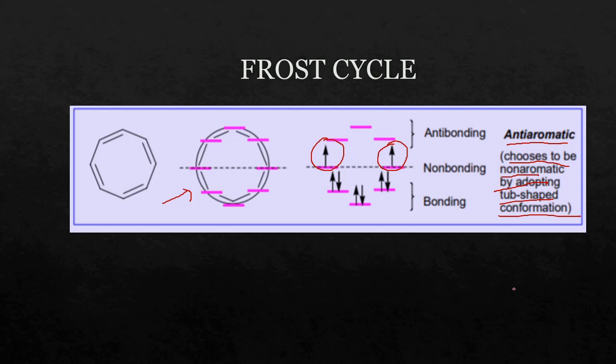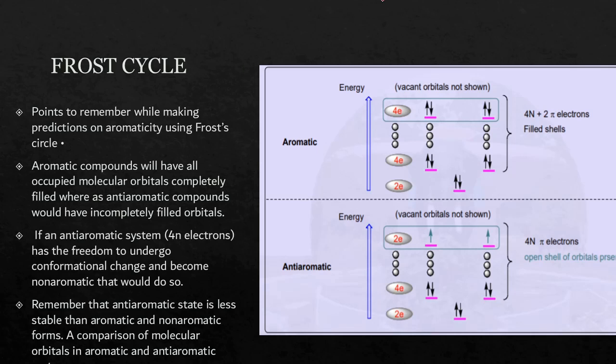So all these things can be understood with the help of the Frost cycle. So what are the points to be remembered while making predictions on aromaticity using the Frost cycle? One needs to always remember that aromatic compounds will always have occupied molecular orbitals completely filled, whereas anti-aromatic compounds would have incompletely filled orbitals, which means they will have 4n pi electrons, and an open shell of orbitals will be present.